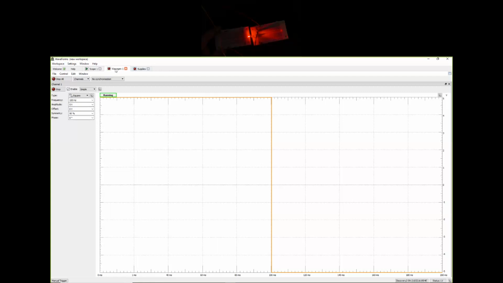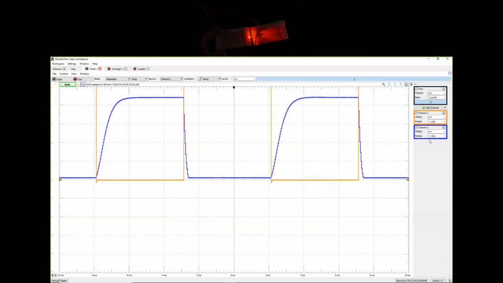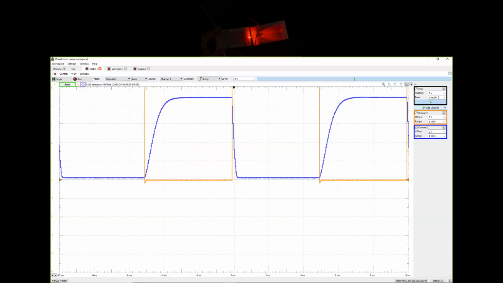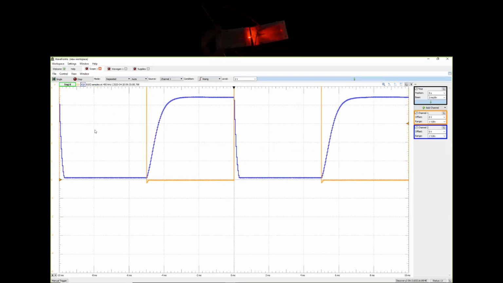So supplies are on, wavegen is on. Let's go to scope now, where my channel 1 is measuring the wavegen and channel 2 is measuring the voltage across the phototransistor. So if I turn on the scope, let me bring them down so that we can see better.